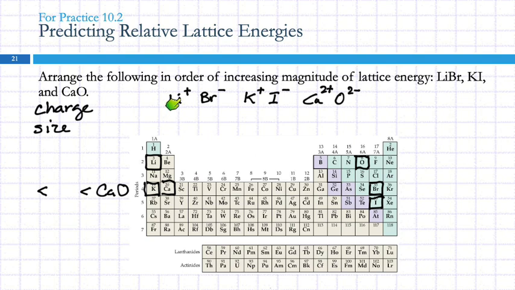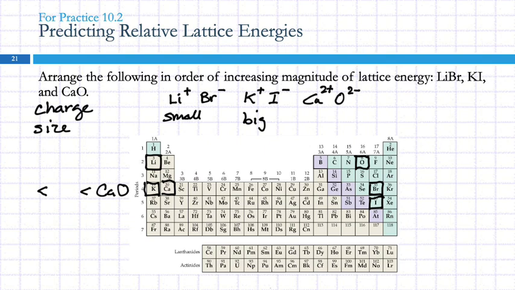So which of these has the smallest lattice energy? The ones that are the biggest or the ones that are the smallest? It's so many: bigger, smaller, larger, smaller. Whoa. So these guys are bigger, and these guys are smaller.